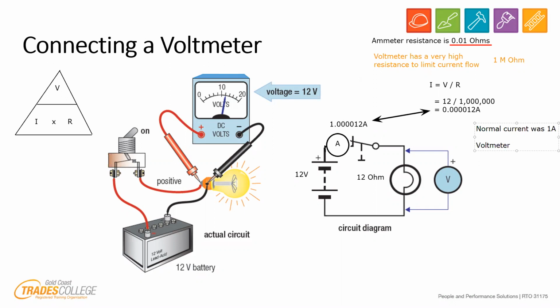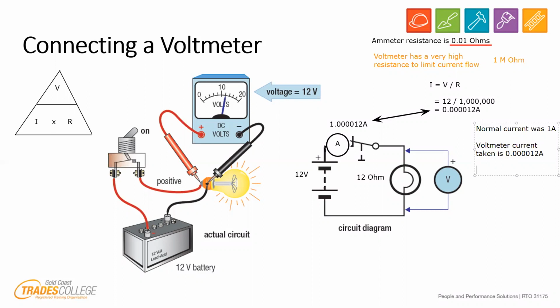Voltmeter current taken, when we connected it, we worked out I is V over R, with R being 1 million. So 12 divided by 1 million, it was that number there. That's how much current the voltmeter takes. So it's hardly anything. We're not going to notice, but this is what voltmeter loading means, okay?